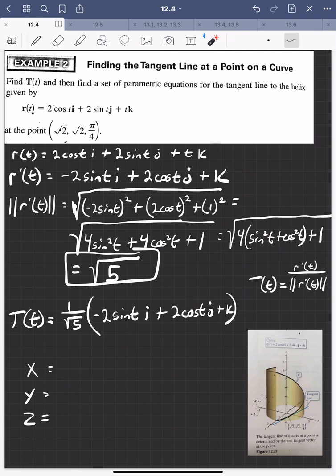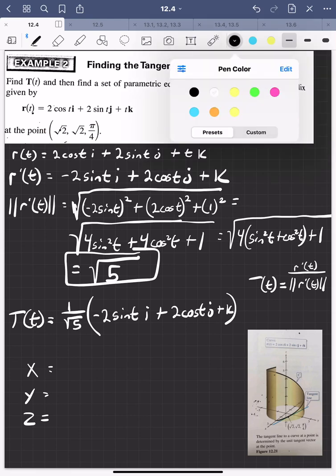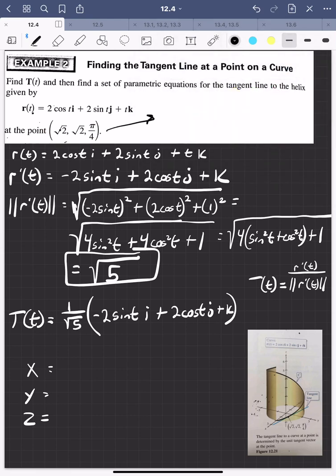What should you be plugging in? Interesting. So maybe we can phrase the question differently. So at this point, this is a very important question. I do hope I have your attention. So at this point, what does t equal?